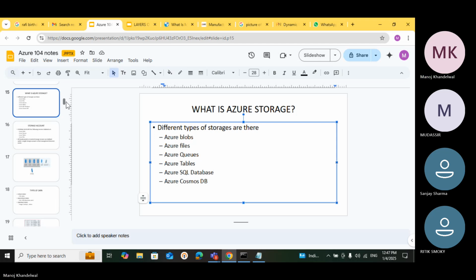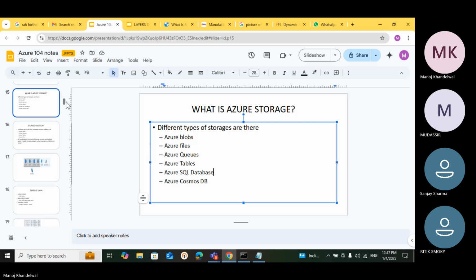Mudassir, what are the different types of data that you have? That's my question. Ritik, you tell me what are the different types of data?